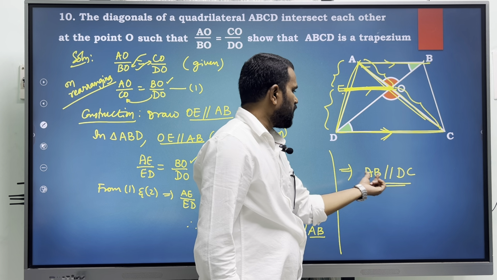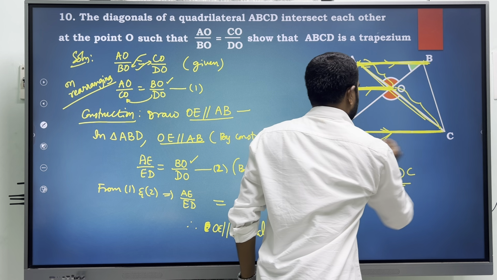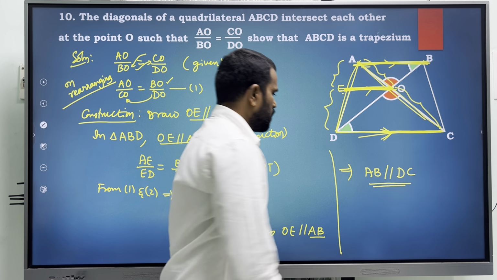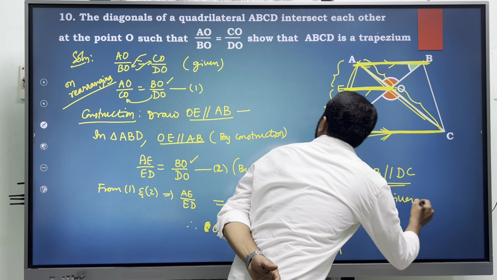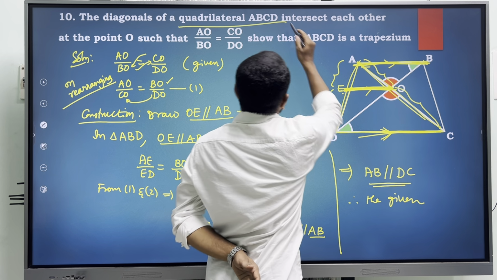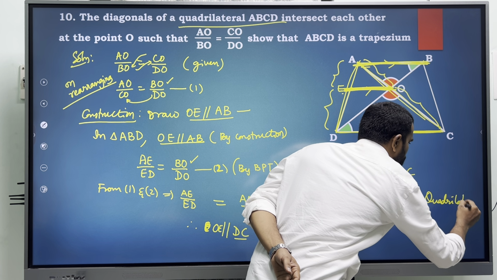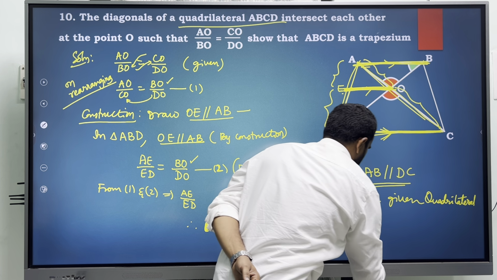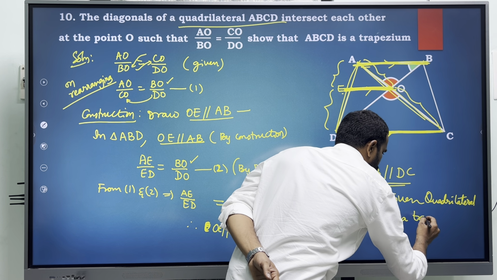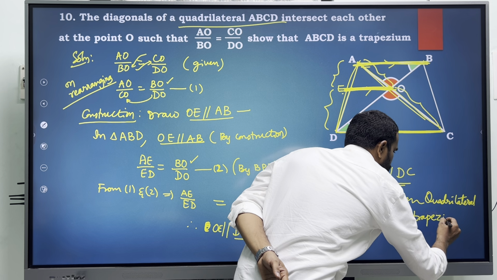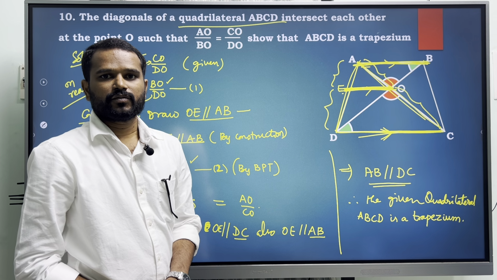Here, the two sides AB and DC are parallel. So, therefore, the given quadrilateral ABCD is a trapezium. It is a trapezium.